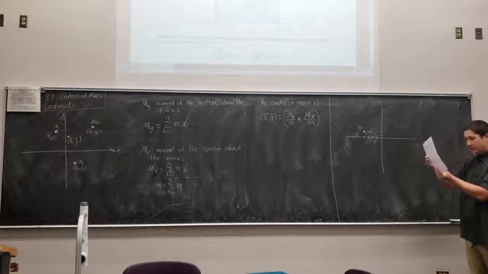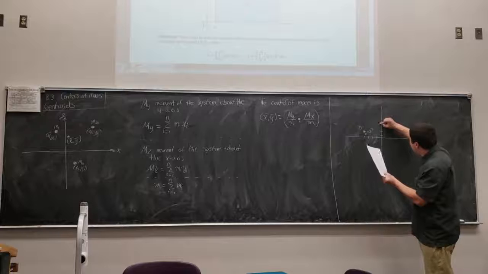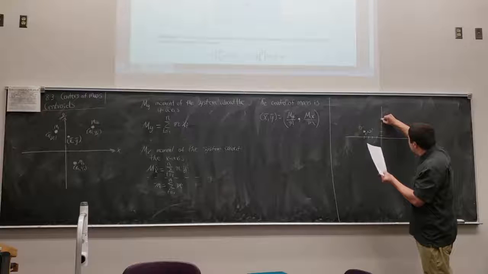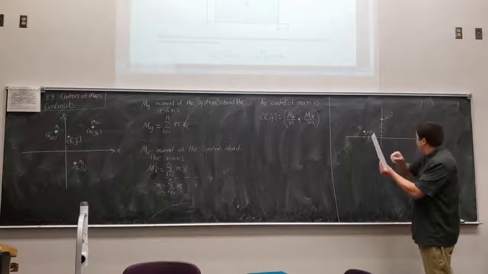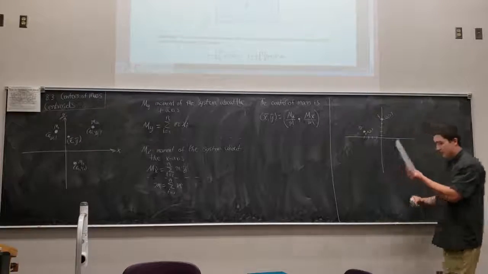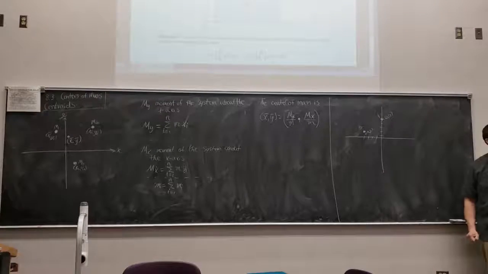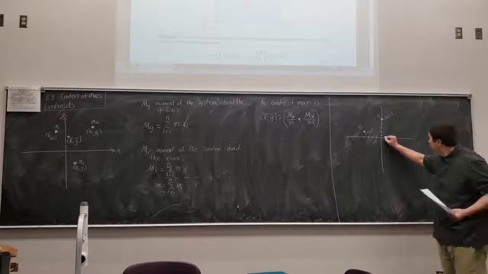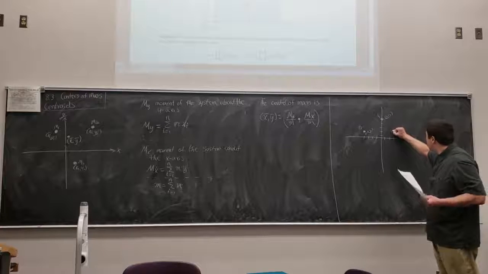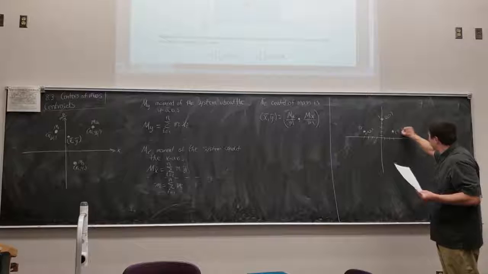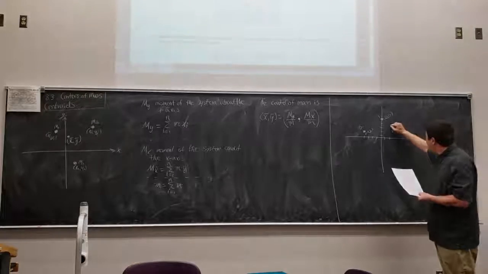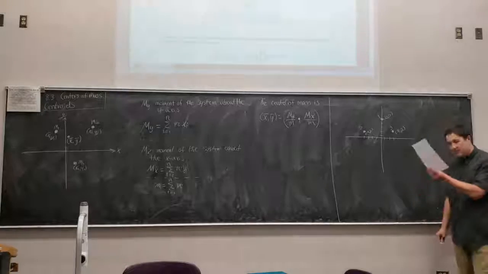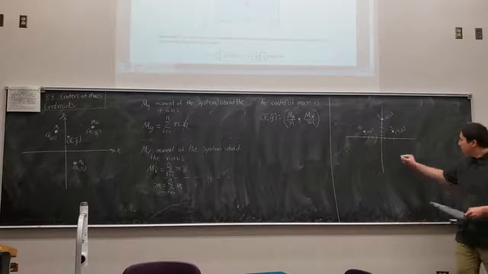Next location is (0, 5), and the point mass there is 4 this time. Carefully writing these down. Next, at location (3, 2), we have a new point mass of value 3. And the final point mass is at (1, -2).